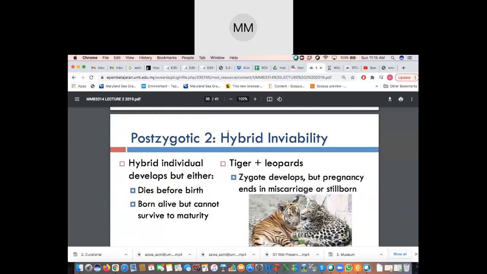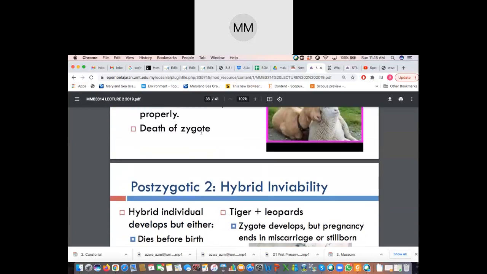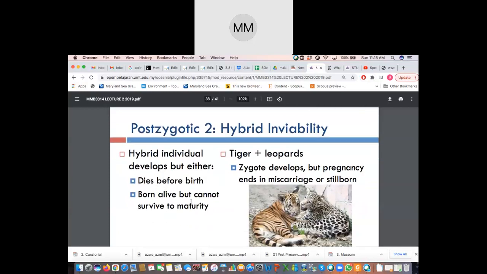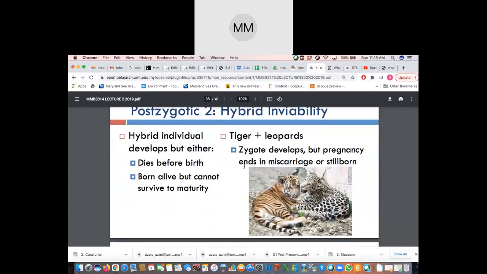Now the second part is the hybrid inviability. So in this case, the zygote doesn't die. It actually forms, it develops, and it comes out. However, once it is born, then it dies. So it dies before birth, or it's born alive but cannot survive to maturity. So it dies at a fairly young age. So you have tigers and leopards.